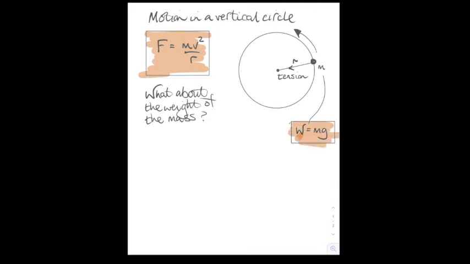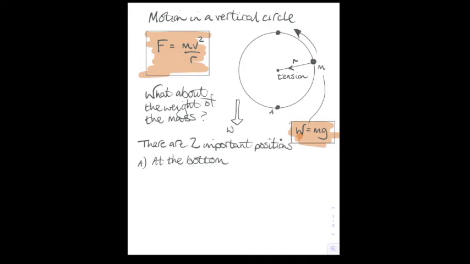And there are two very special points that we want to think about. In fact, these are really the only two points you're ever asked about. There is the point at the very bottom of the circle and the point at the top of the circle. So at point A, at the bottom of the circle, you need an extra force to support the weight of the mass.